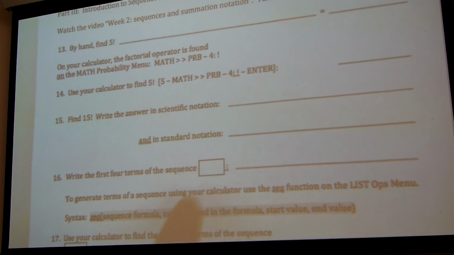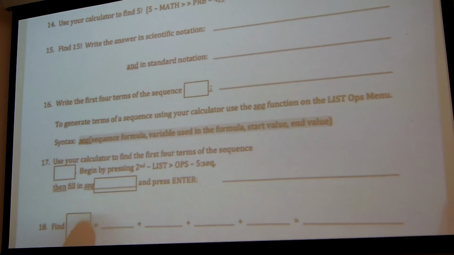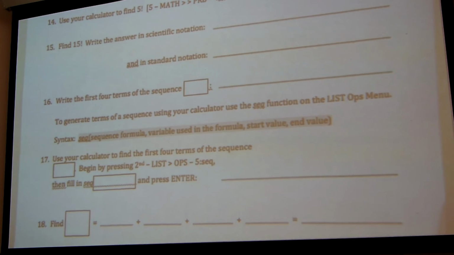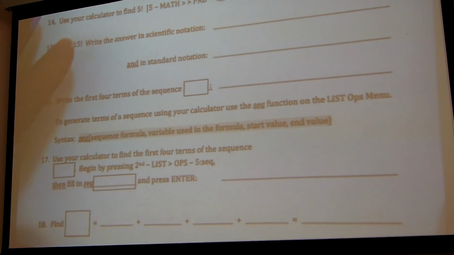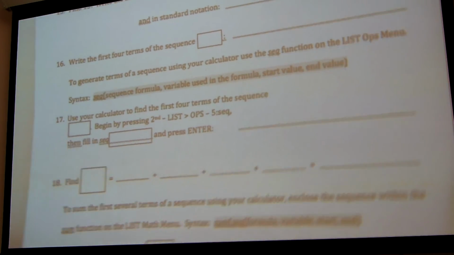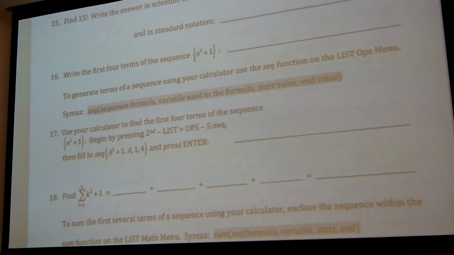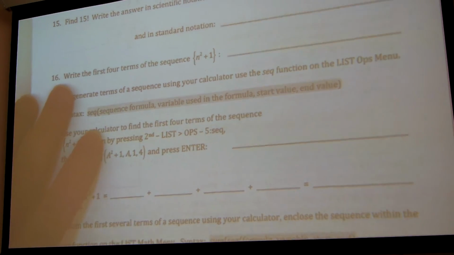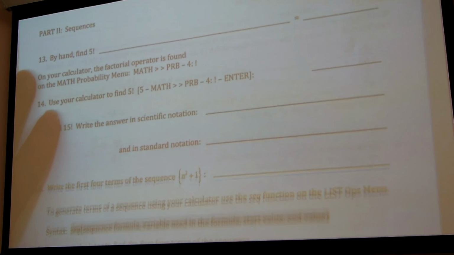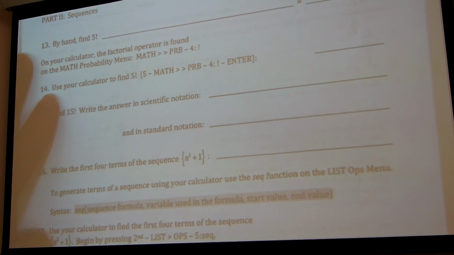These boxes here are places where the graphics didn't work. I had some formulas that just didn't carry through when I put them up on the web page. So I'm going to email attach an updated version of this that has those things filled in on it, okay? And hopefully by the time you're watching this, you've already received that.